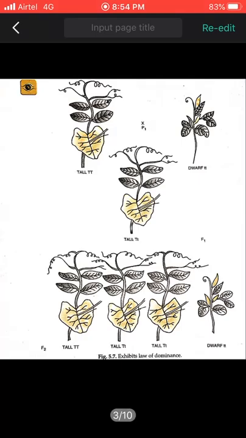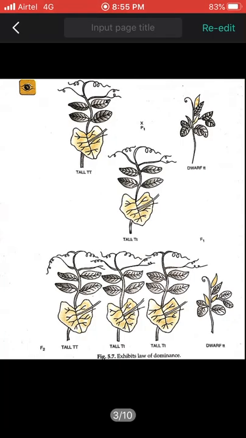If this generation is crossed again, or self-pollinated, then in the F2 generation we find three tall and one dwarf. If we look at the genotype, the genetic structure, the first three plants have capital T: one is pure capital T and the other two have capital T and small t.